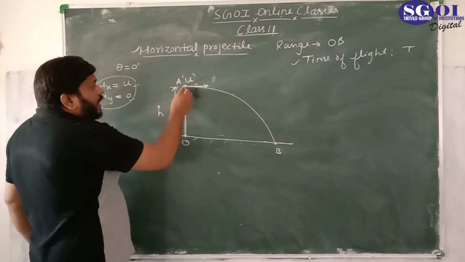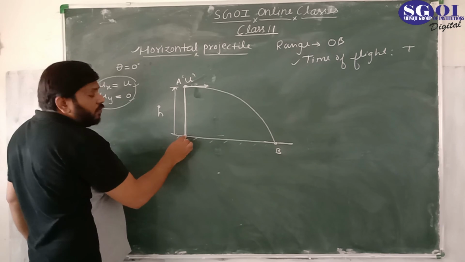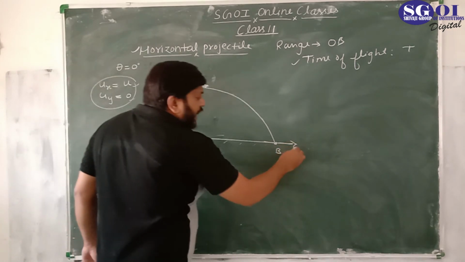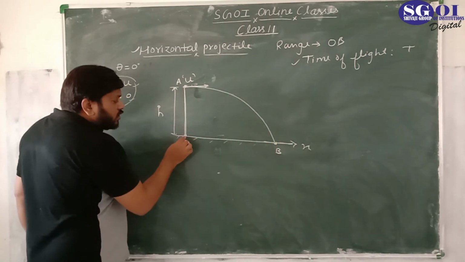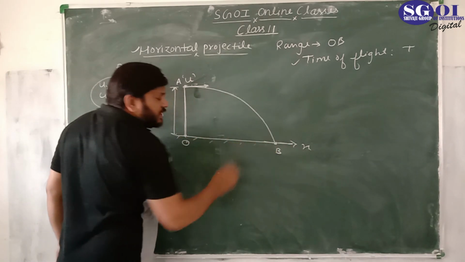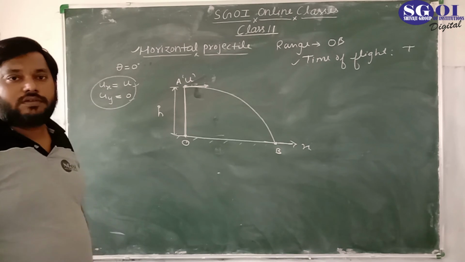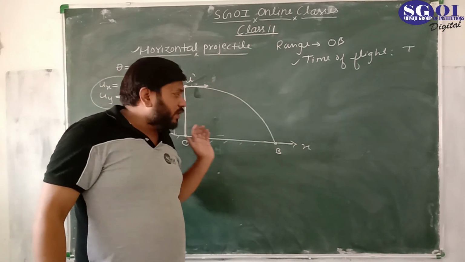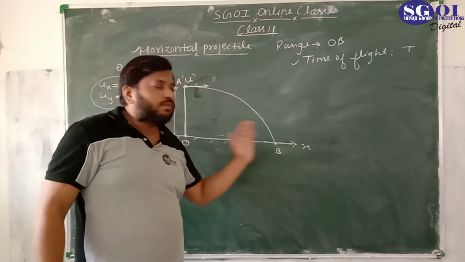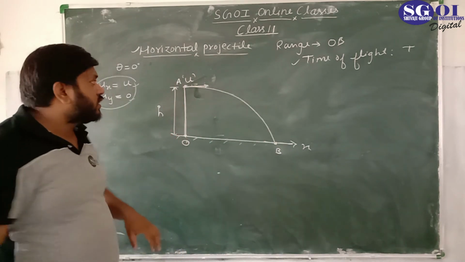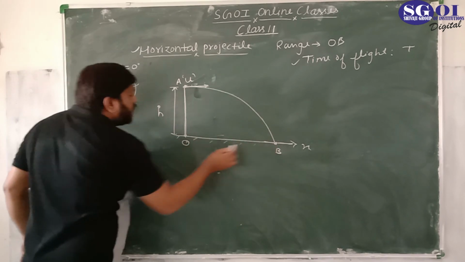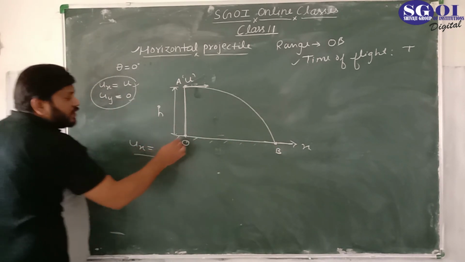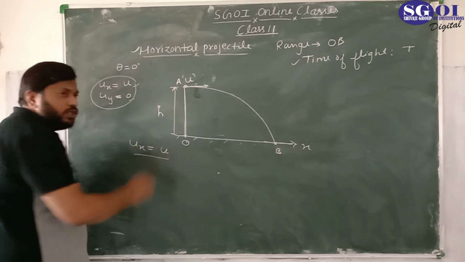If we take only one dimension, the x axis, it goes from here to here with constant velocity. As we have already told you, for horizontal motion the velocity is constant, and the component is ux, which is u here. It means it moves from here to here with velocity u.